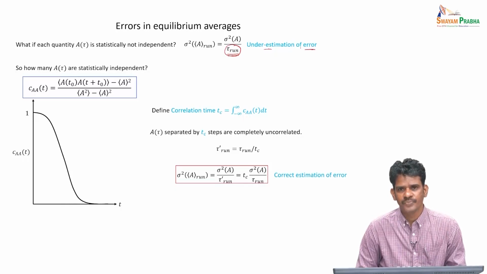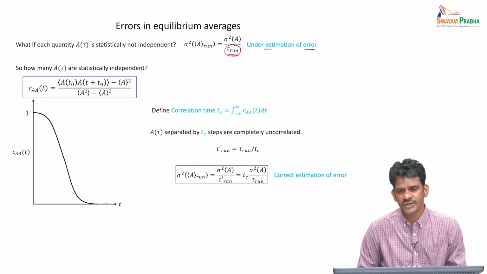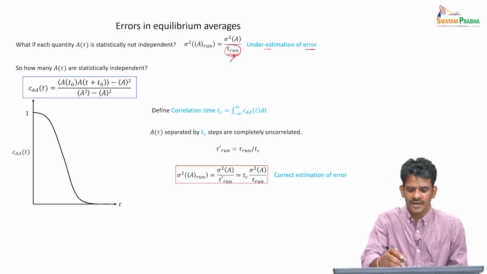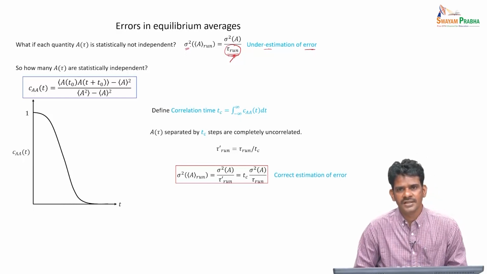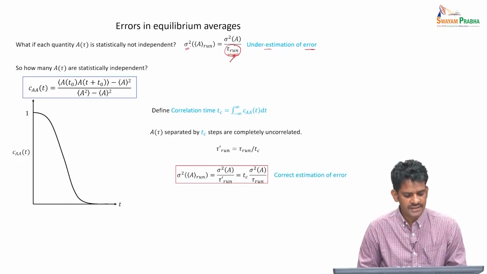So we need to know how many of these tau n data sets are actually statistically independent. Then we can correct this divisor, and a correct estimate of the error in the mean can be calculated. In order to see the level at which these data sets are correlated, we have to look at the correlation time of the properties.